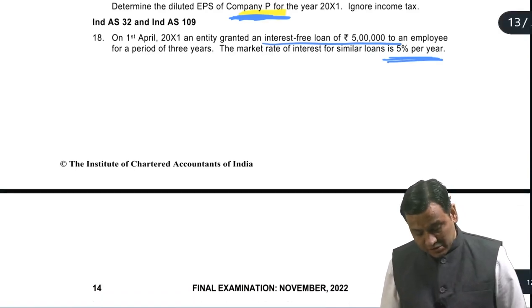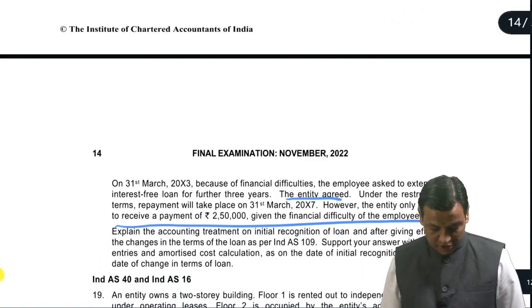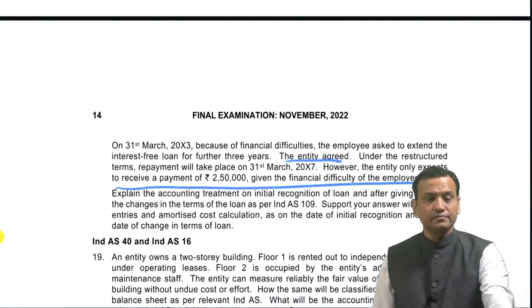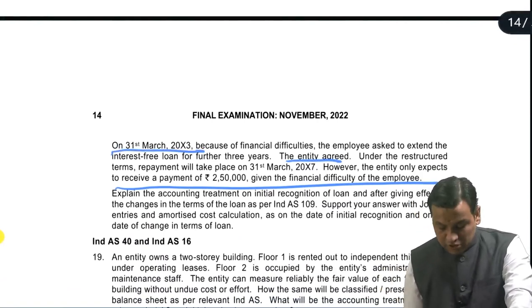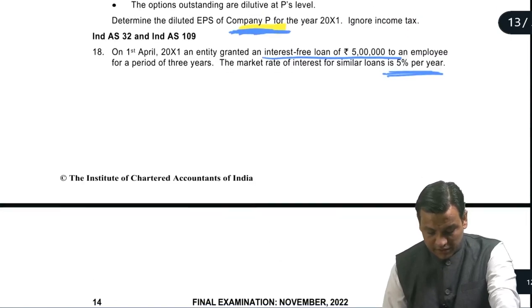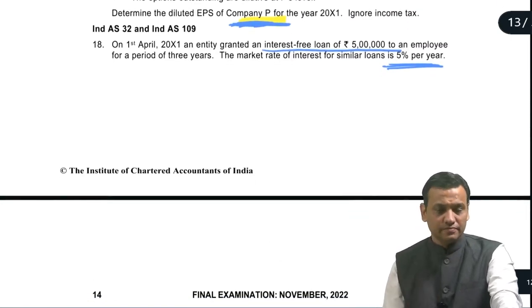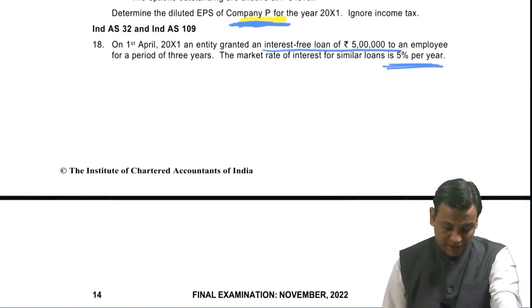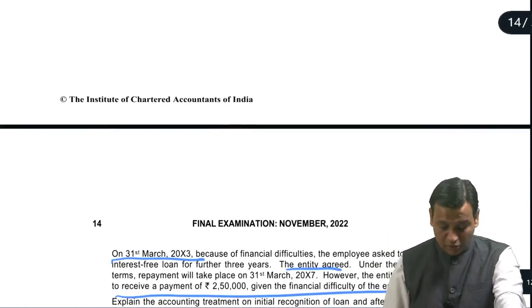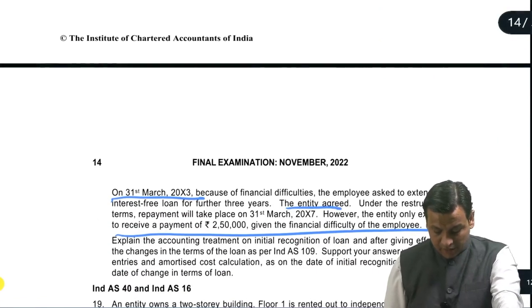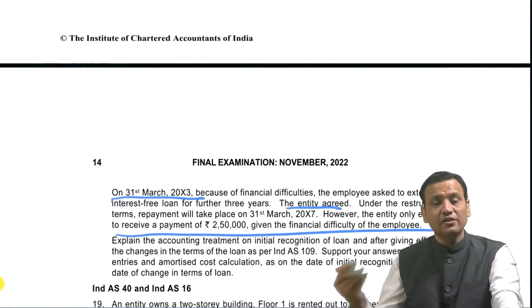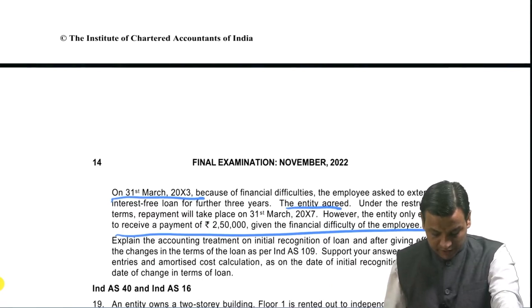But friends, then comes some kind of modification. Now what is the modification? On 31st March 2003, that is obviously at the end of the second year, whatever is the balance in my amortization table, based on that, because of financial difficulties, the employee is asking us to extend it for a further 3 years, and we have agreed to it.